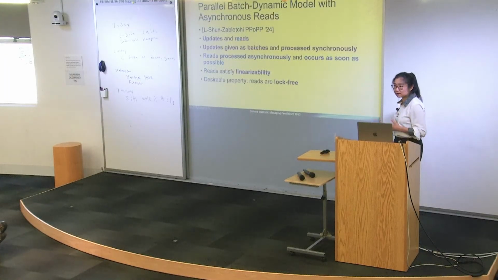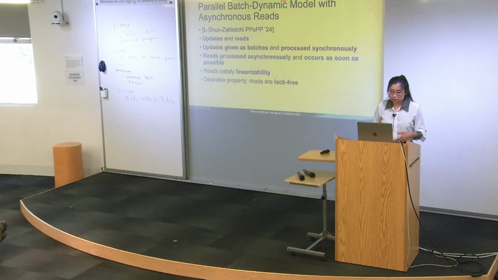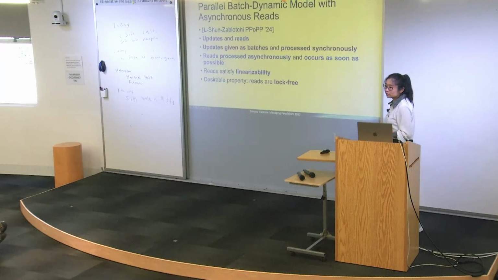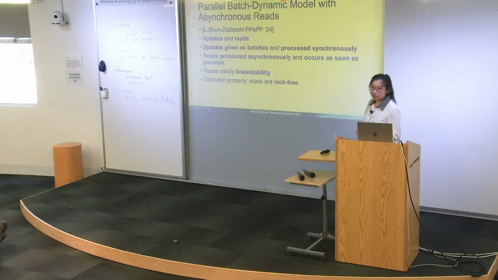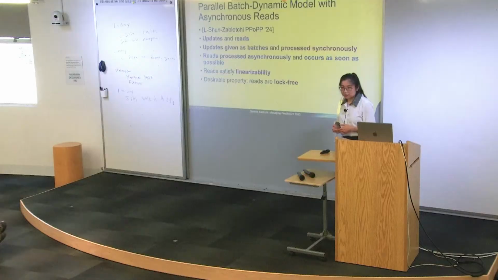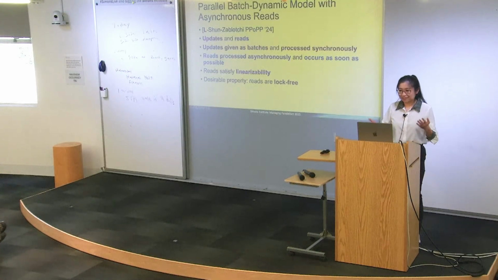It is dependent, but we allow everything as long as it's linearizable. So you could be reading triangles in the middle of your batch, as long as you're reading triangles at a point that is linearizable with your atomic updates. So it's fine. I'll explain a bit more about how we measure, say, approximation factors and accuracy a bit later. But it's fine as long as it's linearizable.